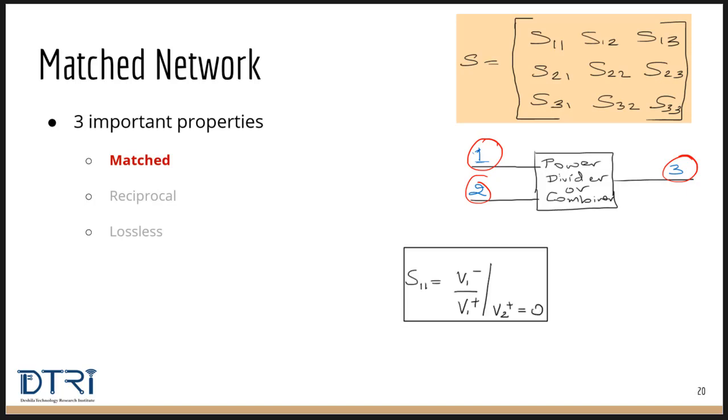This means that when looking into the device at port 1 and measuring two voltages V1 minus and V1 plus, the condition is that the port 2 and port 3 should be terminated with matched loads. That means when measuring S11, V2 plus should be 0 and V3 plus should also be equal to 0.